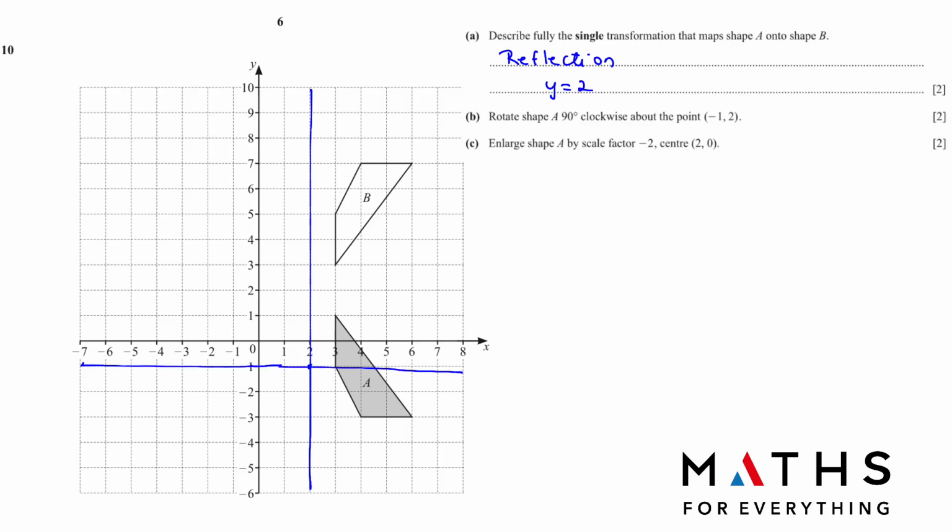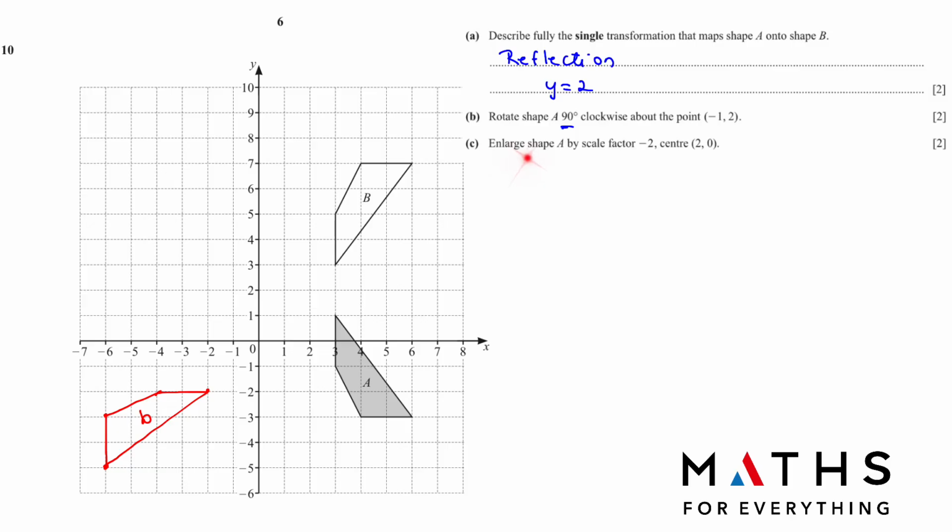Take a tracing paper and draw this shape, okay? Afterwards, at this point, put your pencil and rotate the tracing paper 1 time because it is 90 degrees clockwise. You rotate it clockwise and you will get the shape. This is how your shape will look like.